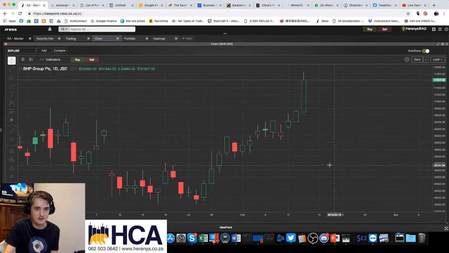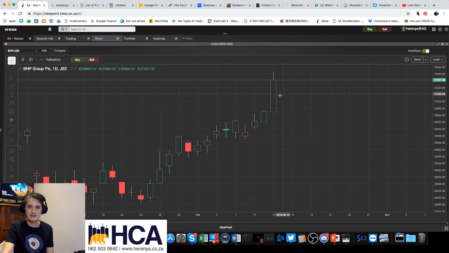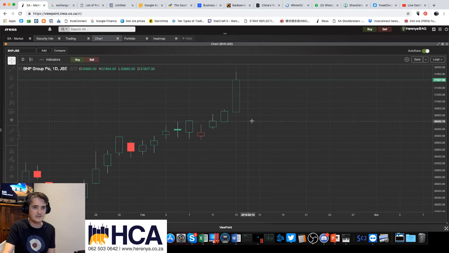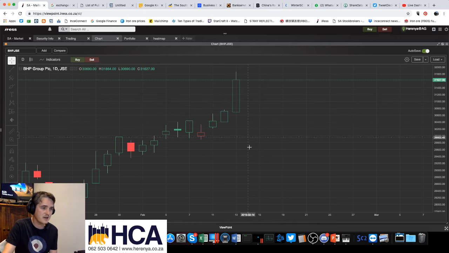To illustrate, let's zoom in here a little bit. You can see here that on my scale on the right hand side, every line on this grid is equal to 2 rand. And that 2 rand is the same size everywhere.